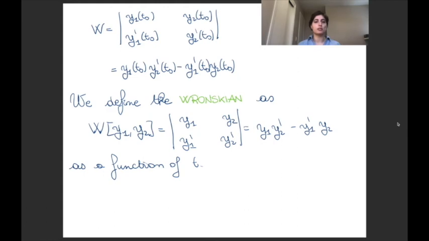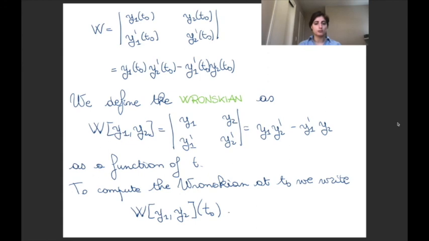This is a function of t because y1 and y2 are both functions of t. So we're taking a determinant of a matrix of functions of t. So now W depends on y1 and y2, and once you have computed it depending on y1 and y2, it still depends on time.